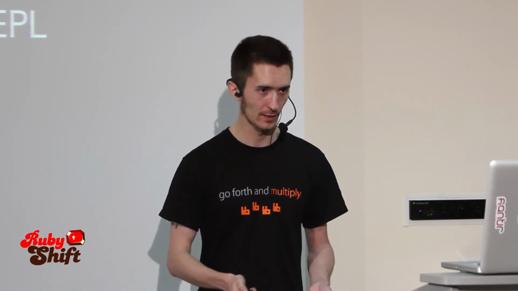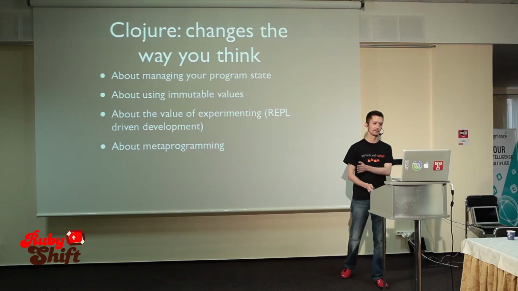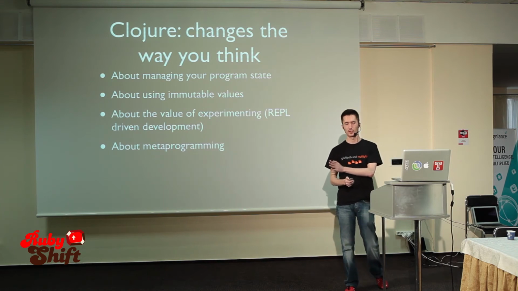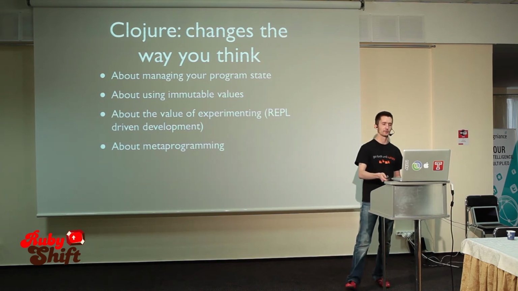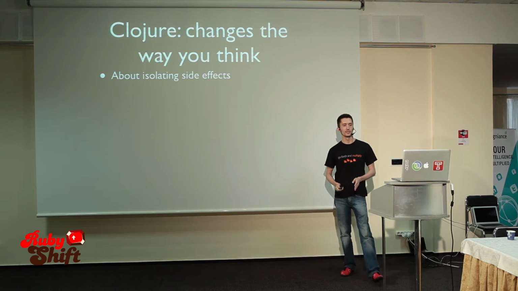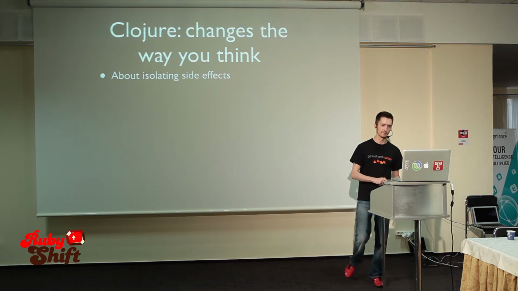But Clojure and any other homoiconic language gives you a lot of extra power when you need it. So that's pretty neat. And again, I'm not going to talk about how Ruby and Clojure metaprogramming techniques differ. There is quite a bit of difference, but it will affect your perspective. It changes the way I think about isolating side effects.